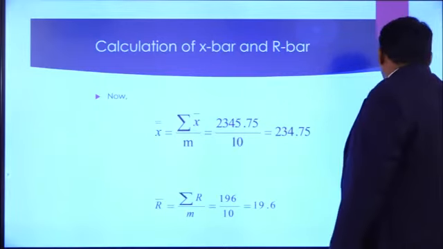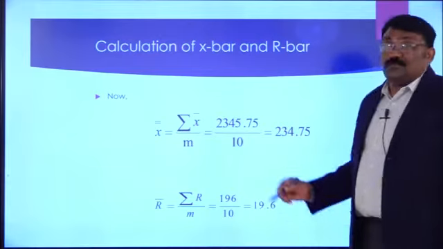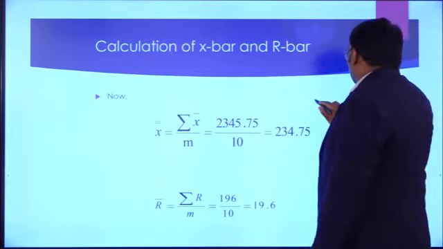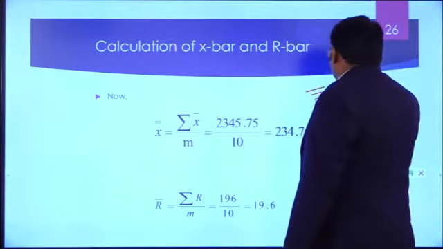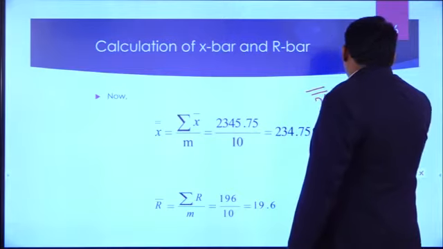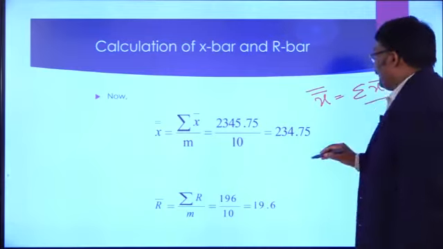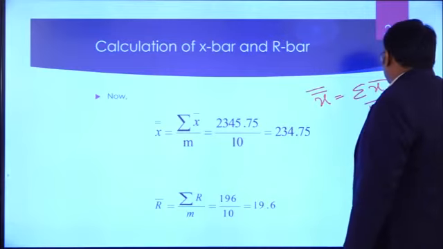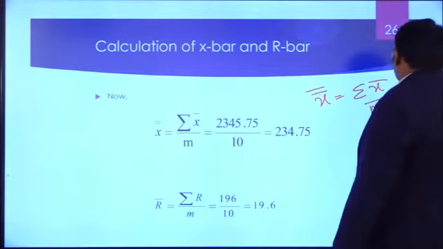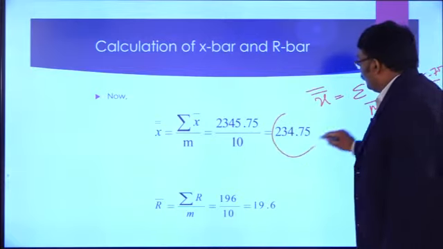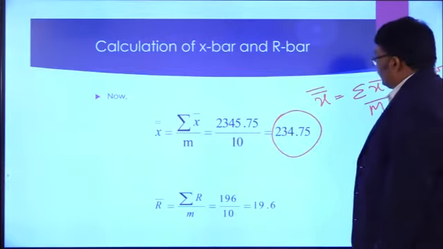Now, x double bar is equal to the summation of x bar divided by m, which is the total number of samples, that is 10. So 2345.75 divided by 10 is equal to 234.75.